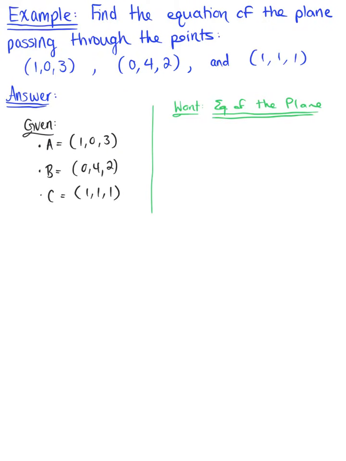So let's just keep in mind real quick that we know the equation of a plane in R3 is defined as A times x minus x naught plus B times y minus y naught plus C times z minus z naught is equal to 0.